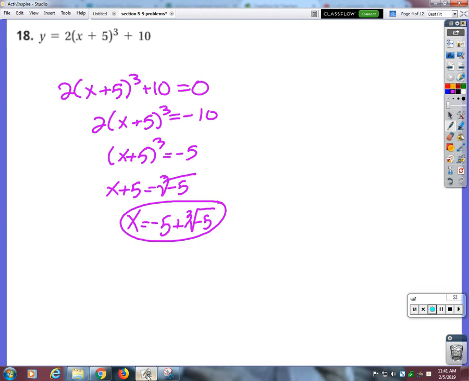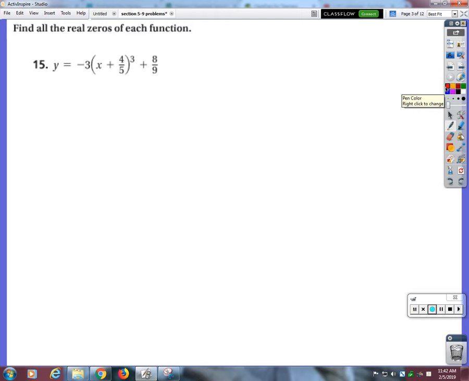To distribute, you would need to FOIL this all out first, because you have to do order of operations, and it wants exponents in parentheses first. Okay? Did I assign number 50? I don't remember. 15. Yeah, Anna, go ahead. All right, Peyton, what do I do first?